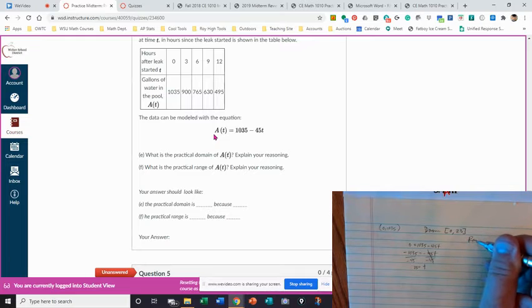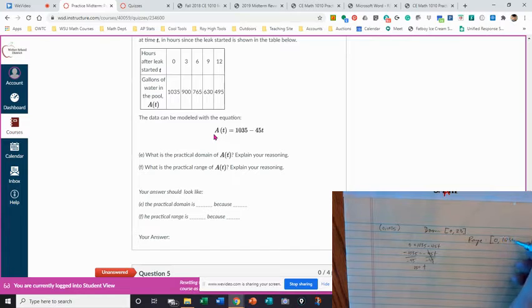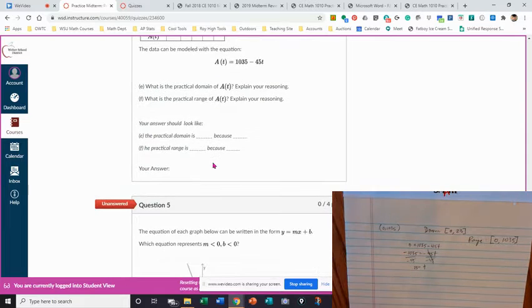The range is the outputs, which is the amount of water in the pool. The smallest amount of water in the pool can be 0, and the biggest is 1,035. It's really tempting to put these backwards, like 1,035 to 0, because the pool starts full at 1,035 and goes to 0. But I can't do that.